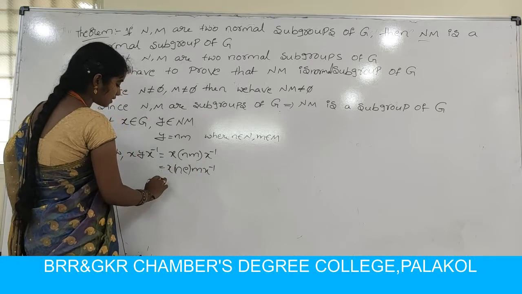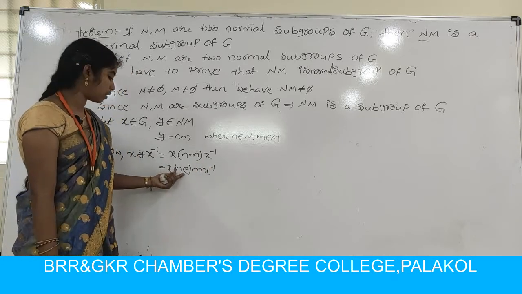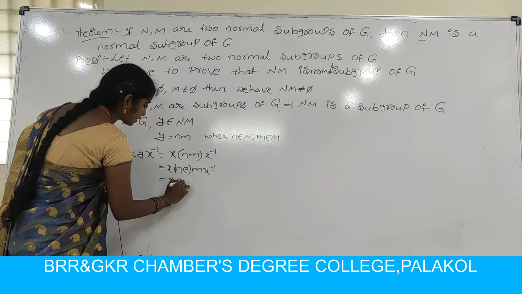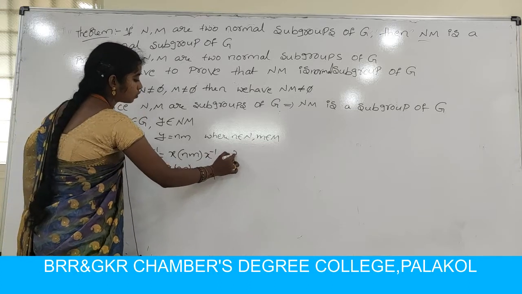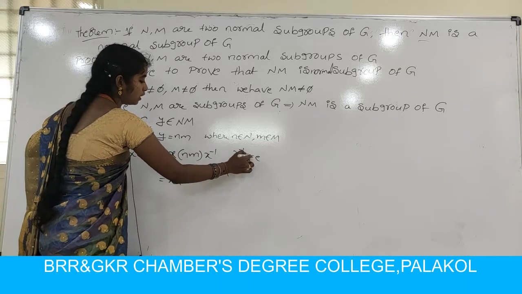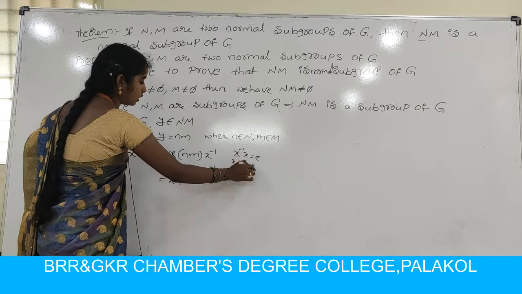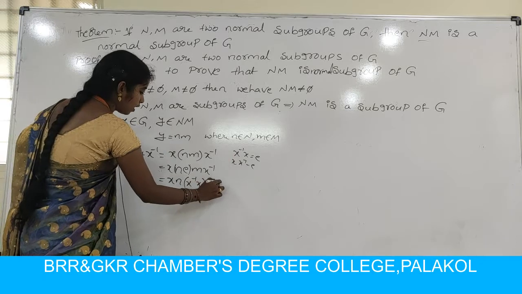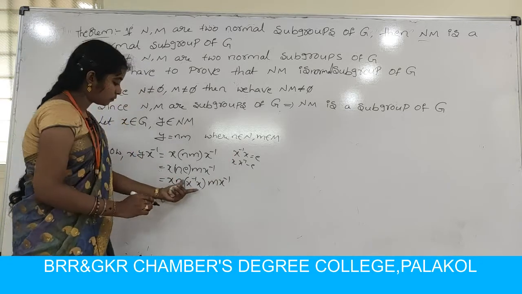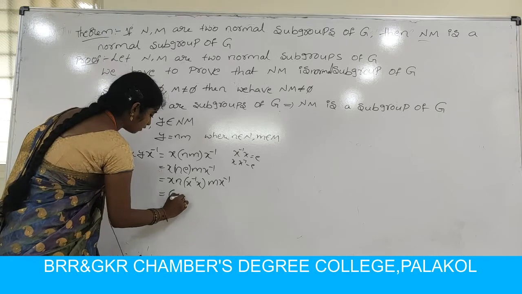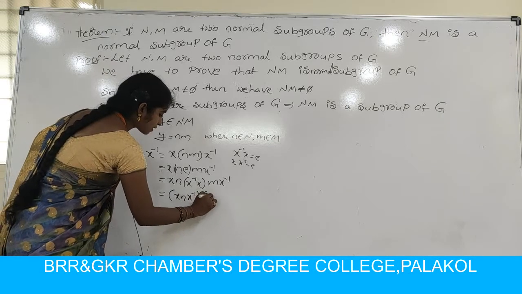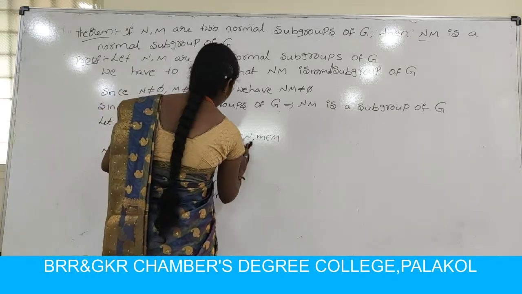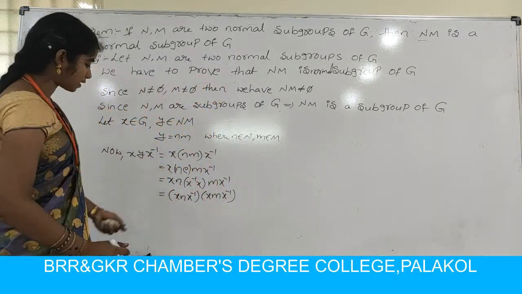Already you know that e is the identity element, so n times e equals n. E can be written using the inverse property, x inverse times x equals e. So by using this property, it can be written as xnx inverse, xmx inverse, changing the brackets.